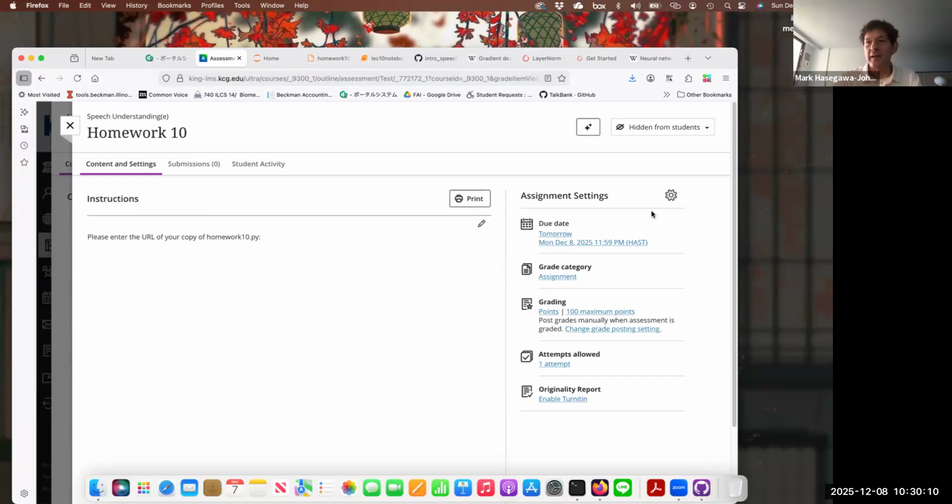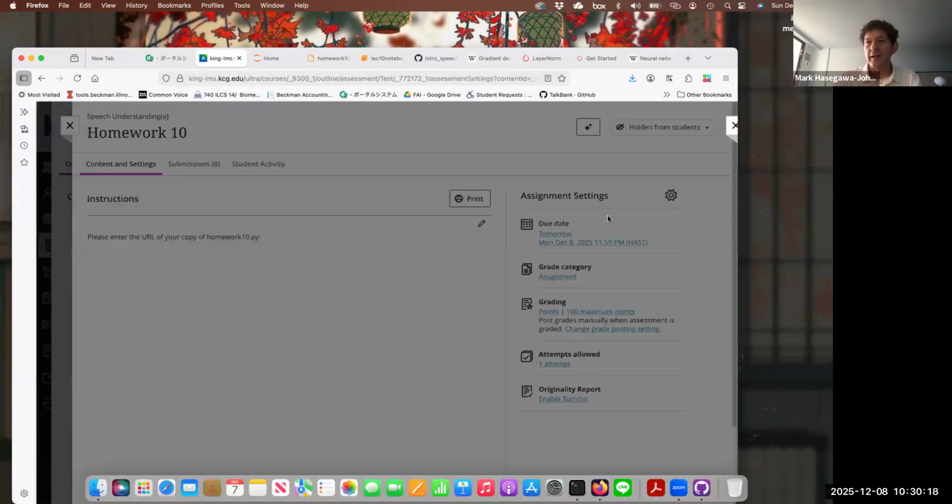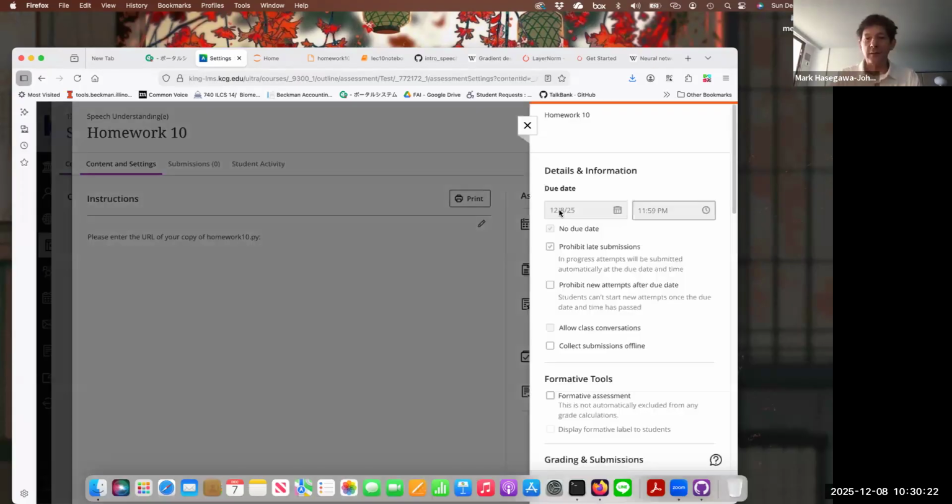And let's change the settings. Instead of having it be due tomorrow, let's have it be due on February 28th. And we'll change it so that you can try as many times as you like, and the version graded will be your last attempt.